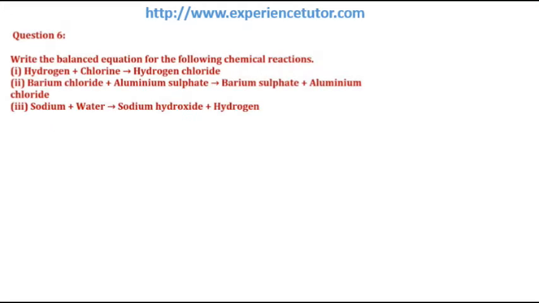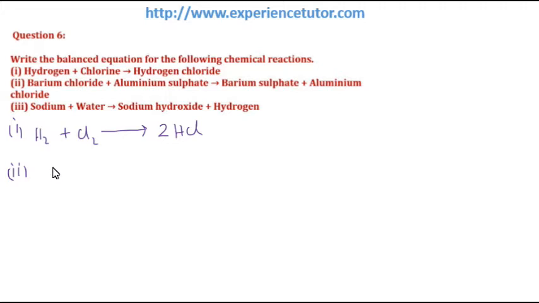Write the balanced equation for the following chemical reactions. So let us start doing the first one. Hydrogen plus chlorine: H2 plus Cl2 gives 2HCl. Second one, barium chloride.